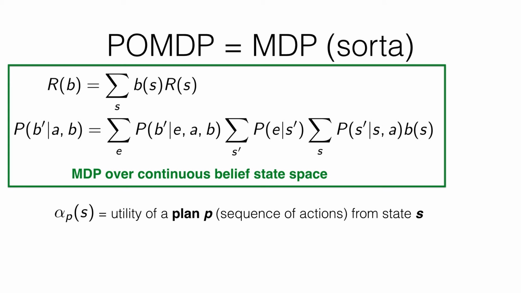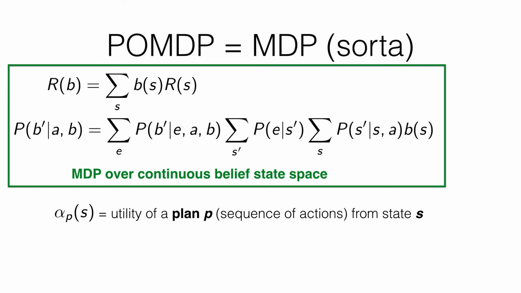Last video I showed you a sequence of actions that didn't work so great in a Markov decision process. But given that we have a fixed sequence of actions, we could try to compute the utility of the plan, given that you start from state S and you take the sequence of actions.